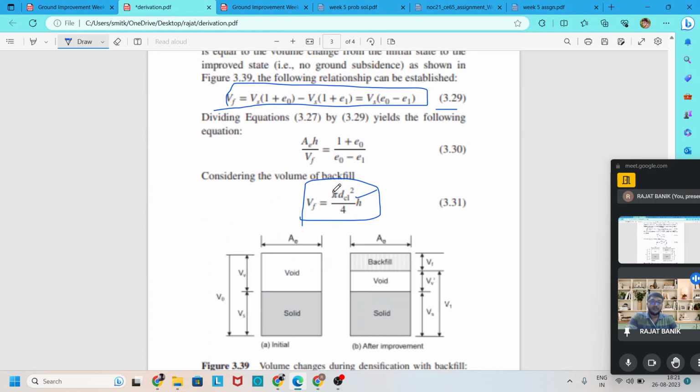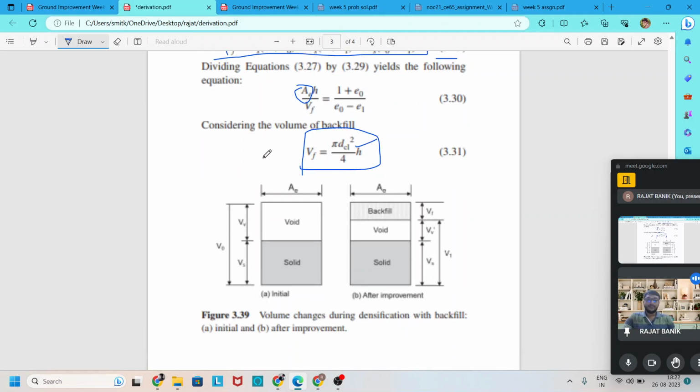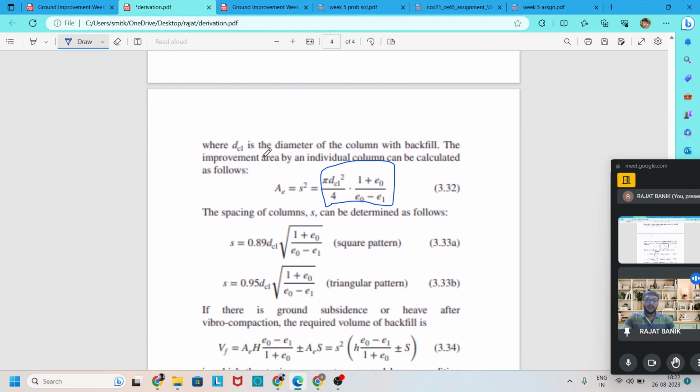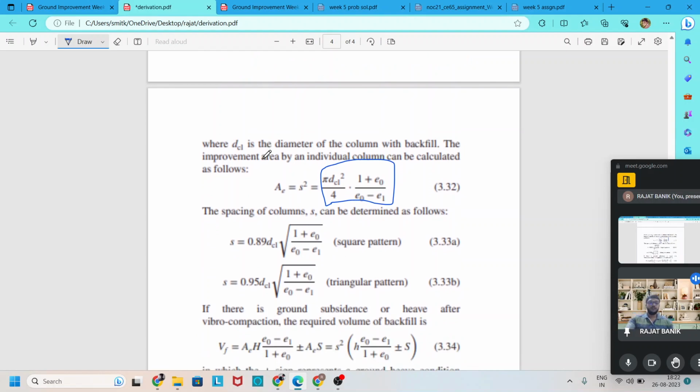And here, if you replace A, which is nothing but the influence area, by the area in terms of spacing, for a square pattern it is s square, spacing square, and for a triangular pattern it is 0.865 s square, which was already discussed in deep dynamic compaction also.